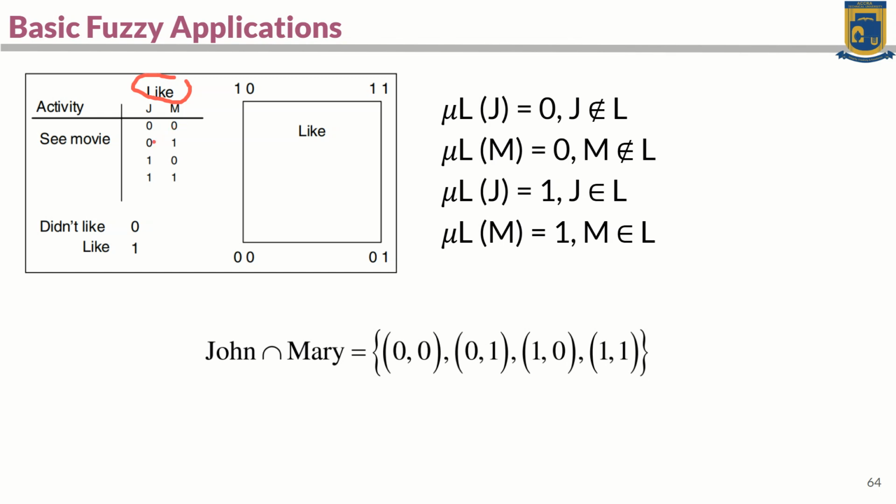Or John said, I don't like the movie, but Mary showed interest. Now, if you look at this diagram, what can you see about it? It has four corners, sorry, four corners, not two. What is so unique about the corners? If I'm moving from this corner to this place, the distance is 1. Do you see that? If you want me to find the distance, it's 1, right?